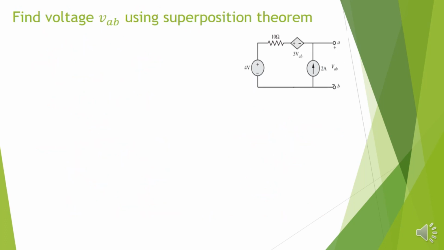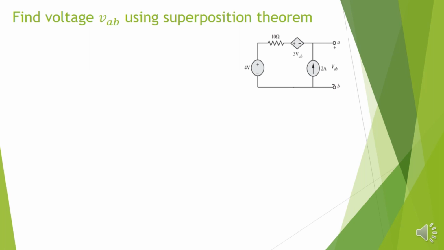So let us do one more problem. Find the voltage VAB using superposition theorem. So in this I need to find VAB. Here also a dependent source is there.